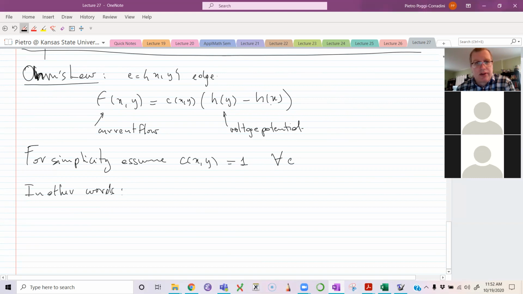Hy minus Hx. That was our gradient, right? So in other words, the current flow has to equal B times H from our point of view.